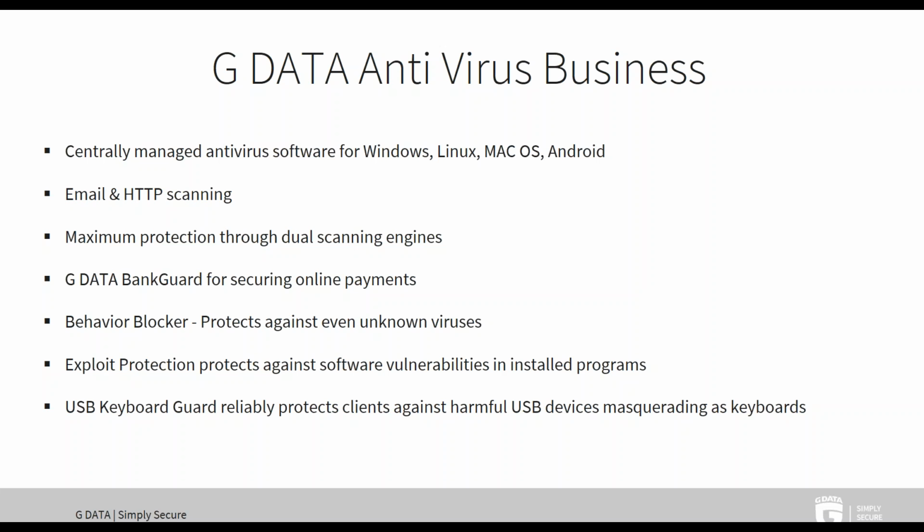The GData BankGuard is an additional module within Antivirus Business that's used to secure online payments and transactions, securing you against man-in-the-middle threats or browser infections that might compromise the data you're transferring to your online bank.